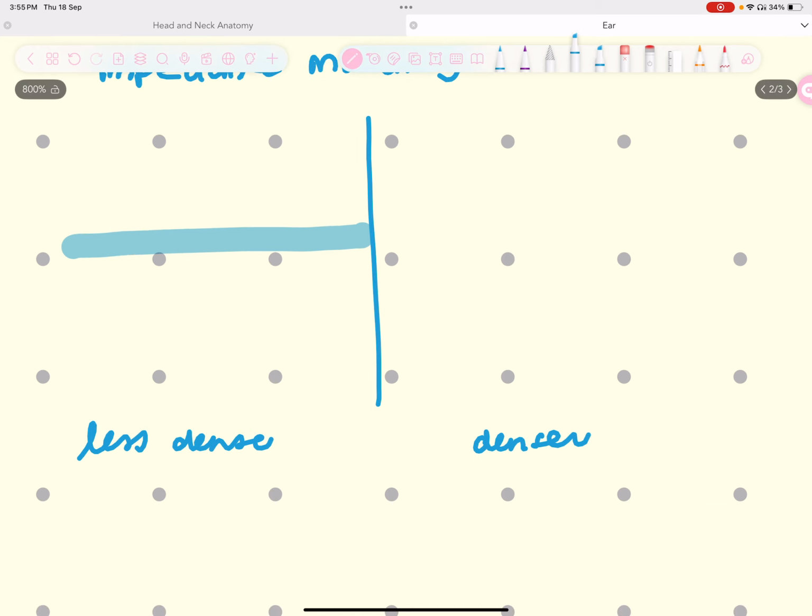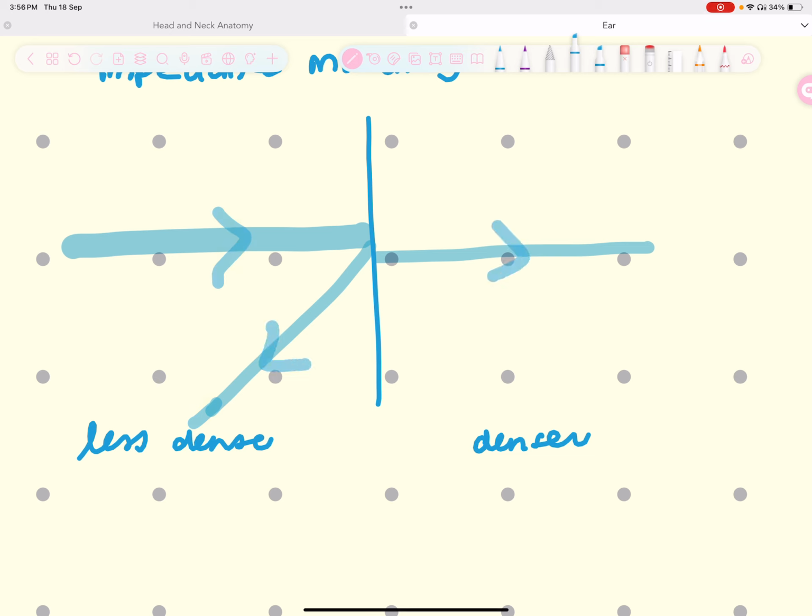What will happen is that some amount of the sound will be reflected back. Because of this reflection, very little is transmitted forward, right? So there's some hindrance because you have changed the medium from less dense to a denser medium. First, this much sound was going forward, but eventually because of the reflection, very little sound is going forward.